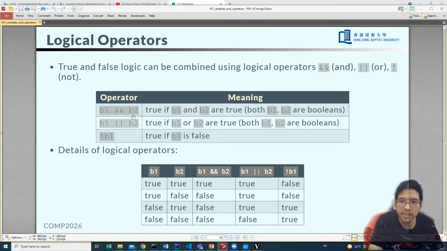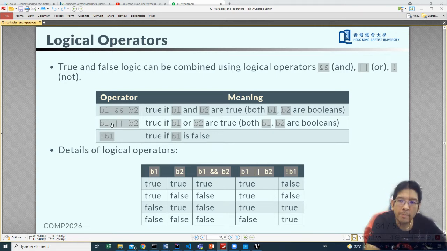Now, if one of these is false, for example B1 is false and B2 is true, these combined together will give you a false value. If both of them are false, then B1 AND B2 will give you false. The second one is the OR operator.